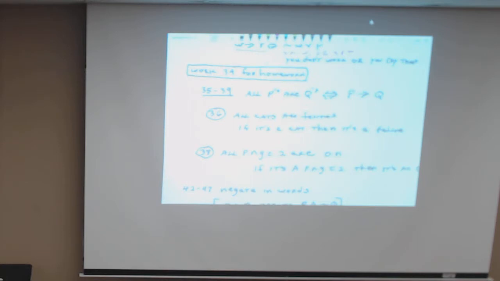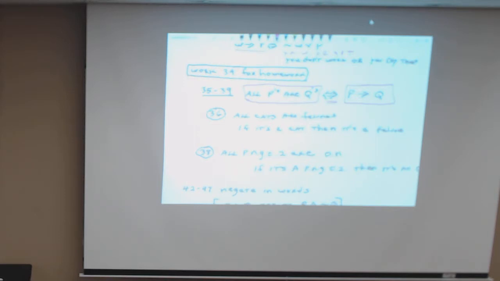Now they give you some more information. All P's are Q's is equivalent to if P then Q. Watch this. All dogs are what? Four-legged? Is that right? All dogs have 4 legs?